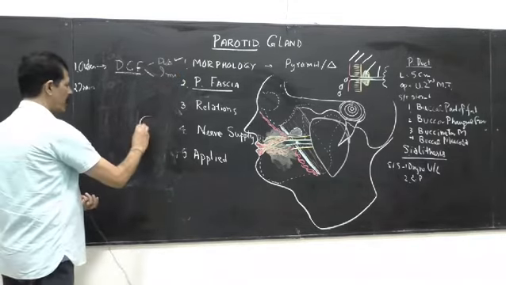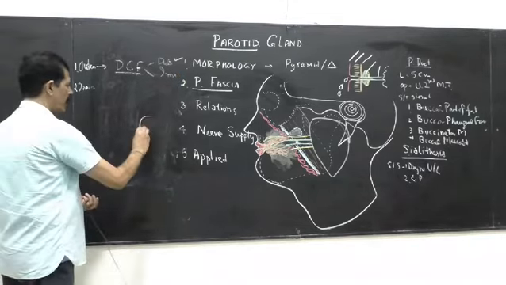Where the parotid gland is, the deep fascia comes from the neck. From the angle of the mouth, this fascia goes to the tip of the styloid process. This is called the stylomandibular ligament.